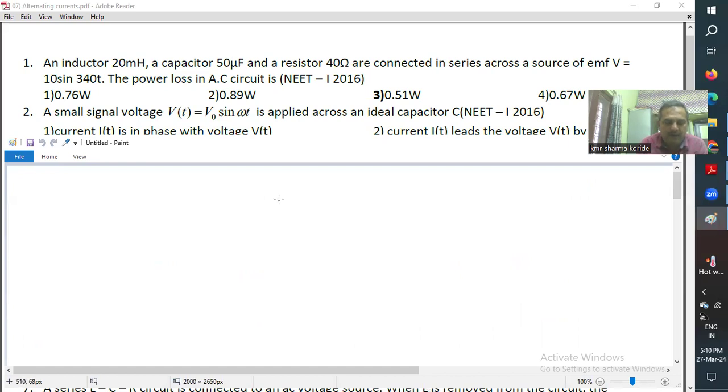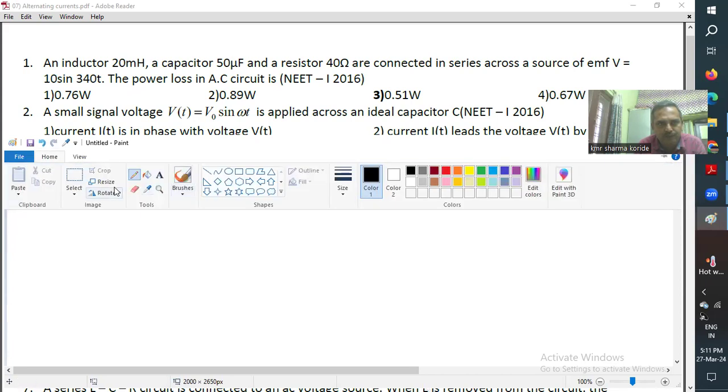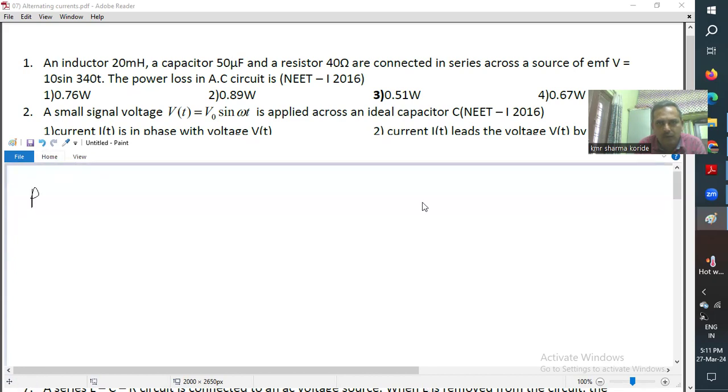Okay, so the equation of power in an AC circuit. Two ways you can write. P is equal to V RMS I RMS cos phi.